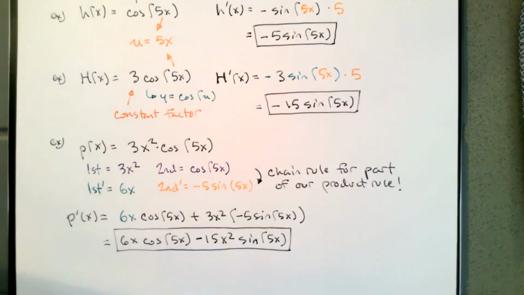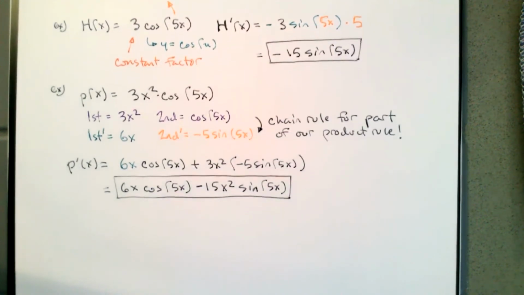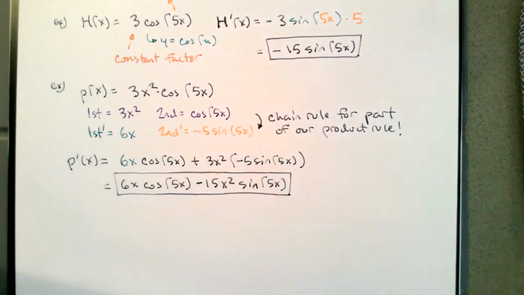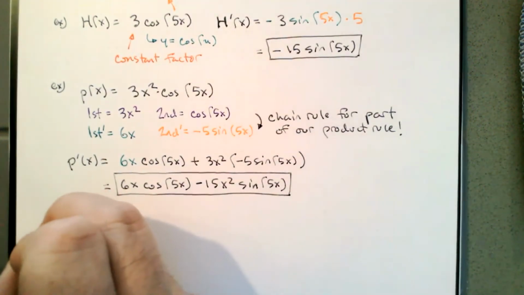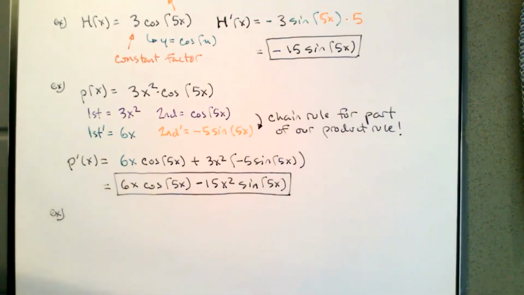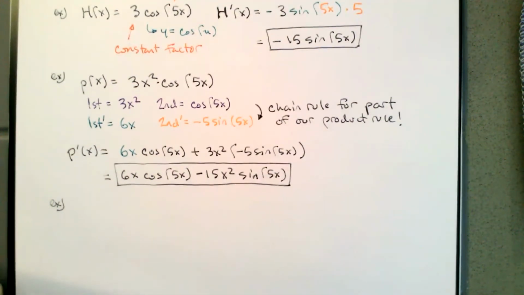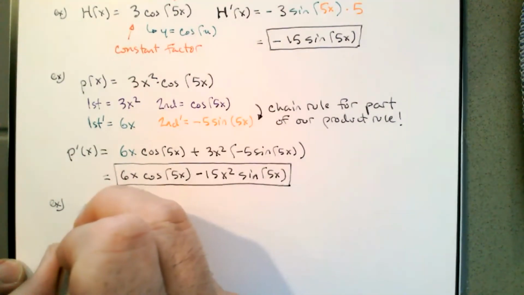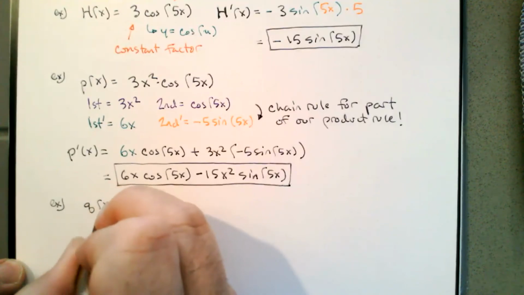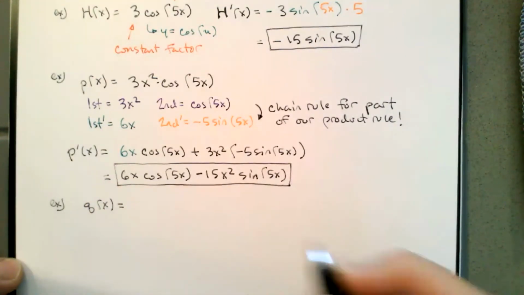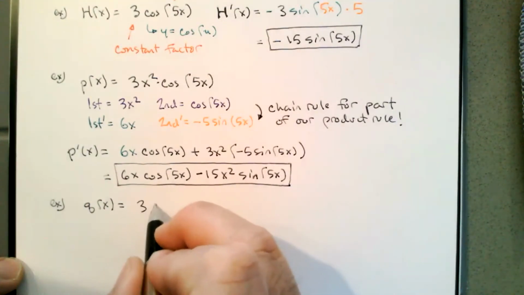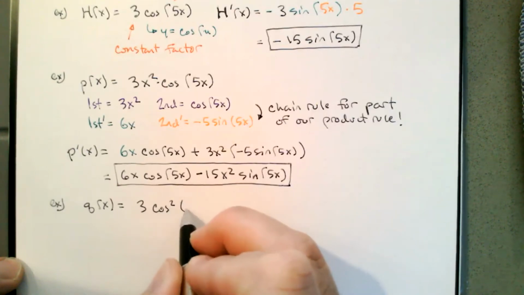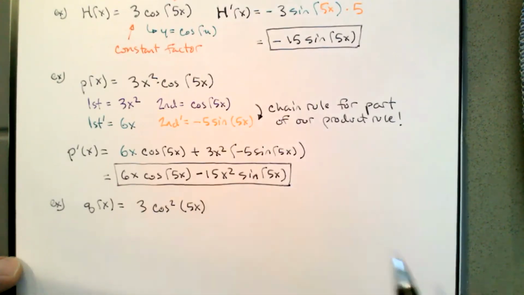So let's look at some more examples. Once again, it's a reading exercise. So let's say that q of x is 3 times cosine squared of 5x.